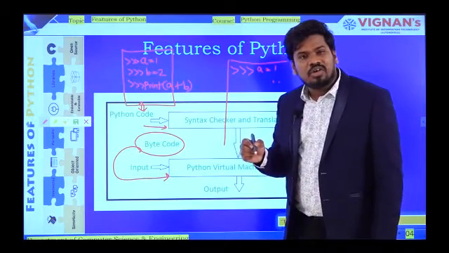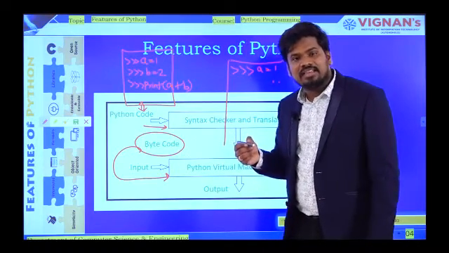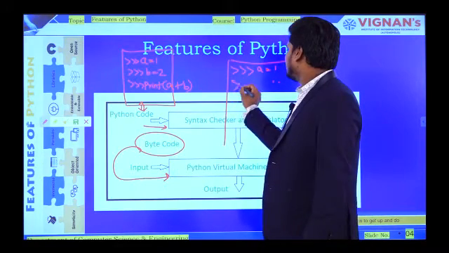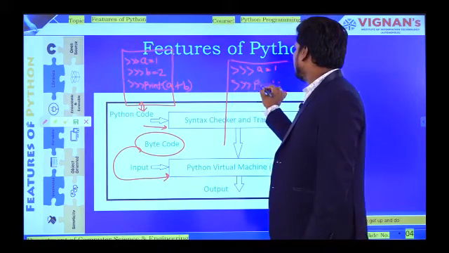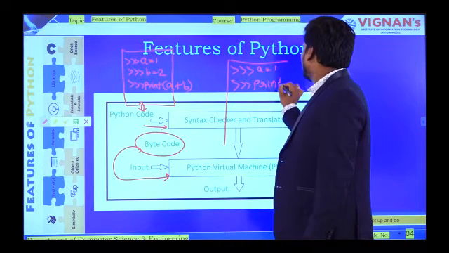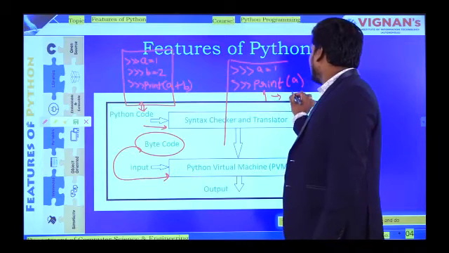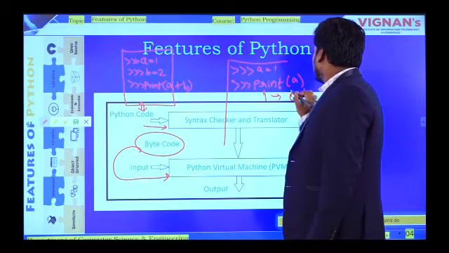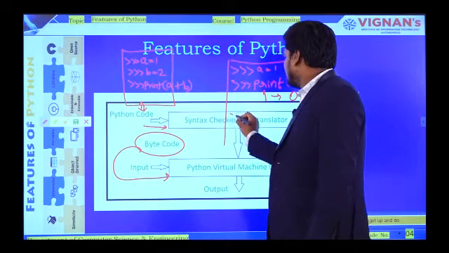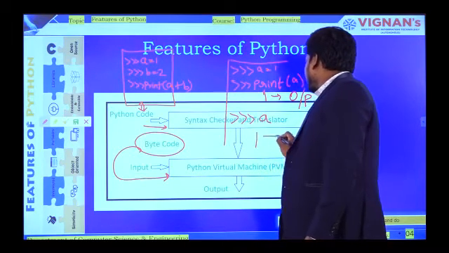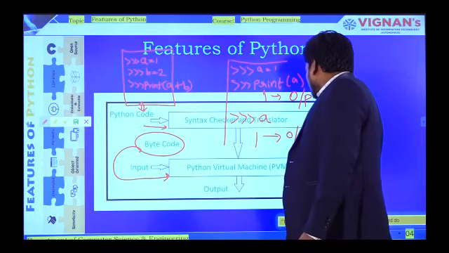If I want to know the output in an interpreted programming language, how can I see it? Simply write print of A, that is 1, this is my output, or simply I can write A and my 1 will be printed as an output.